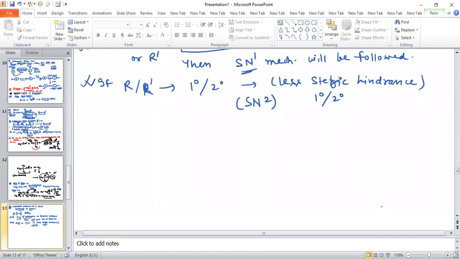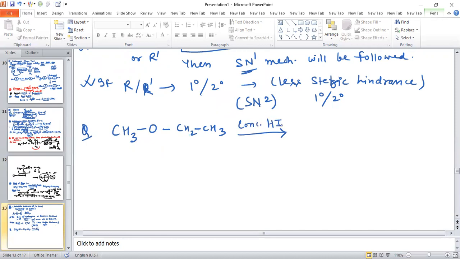Now see the reaction based on this. The first question I'm going to discuss is the compound CH3OCH2CH3. This reaction is based on the cleavage of ether when we add concentrated HI.